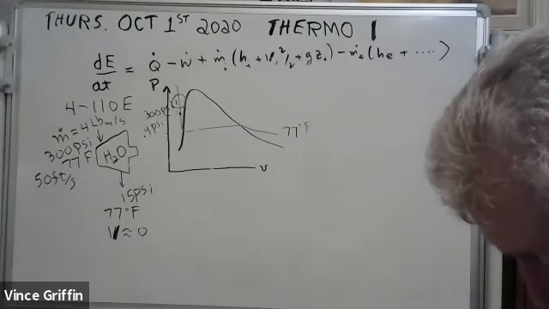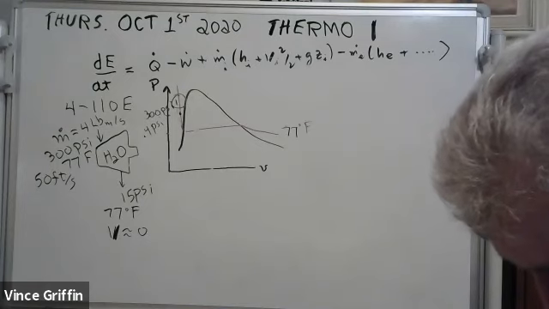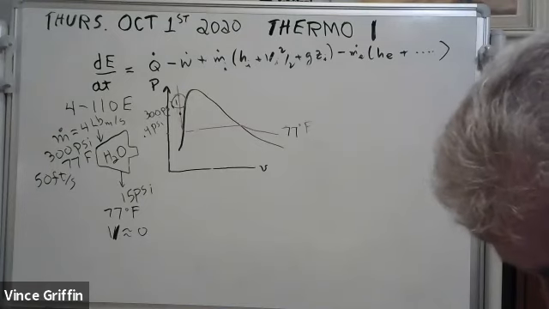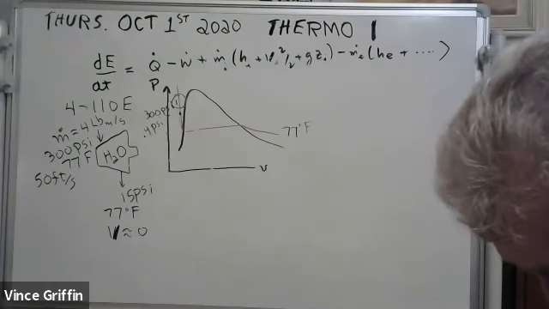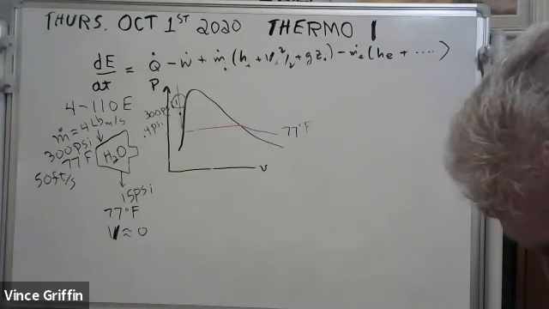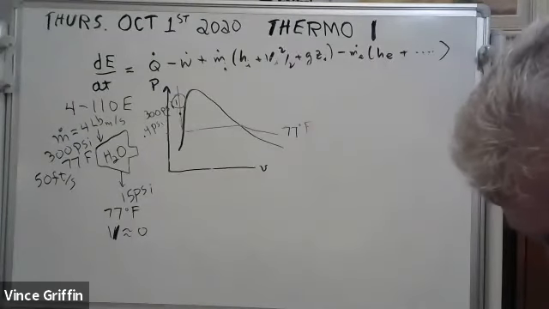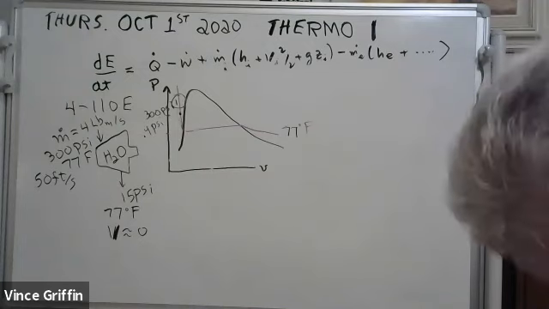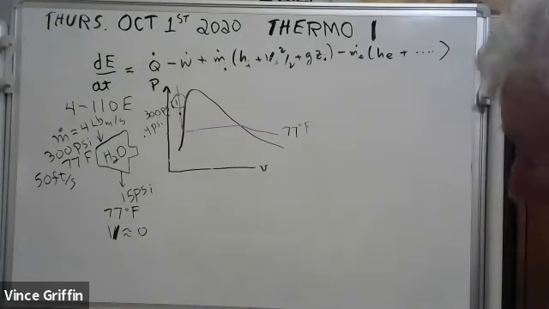And we're at 15 psi. Yeah, I found it. 15 psi, 77. The temperature stayed the same, looks like. Temperature stayed the same, but the pressure is 15. Okay, well, we can do that.